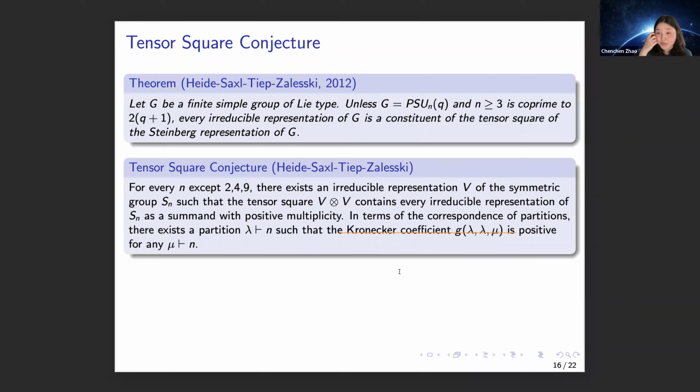So there exists some irreducible representation of the symmetric group such that the tensor square of this representation contains every irreducible representation of the symmetric group as a summand.